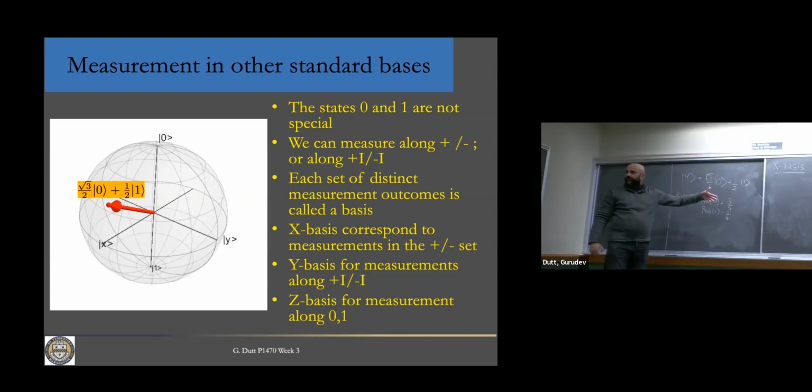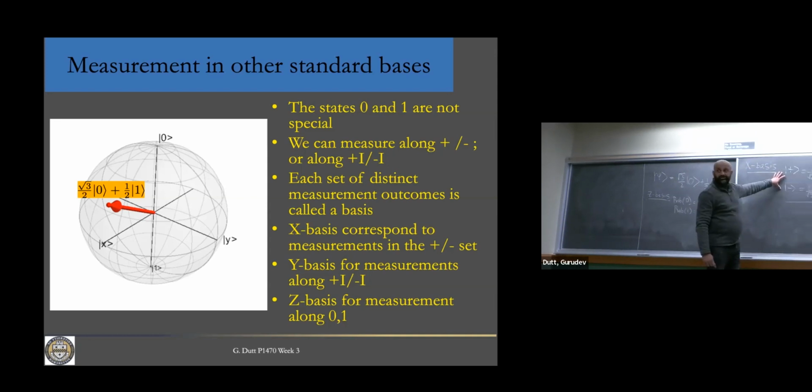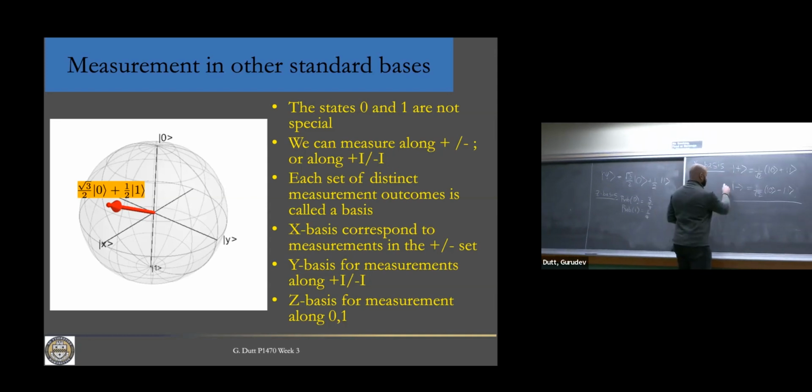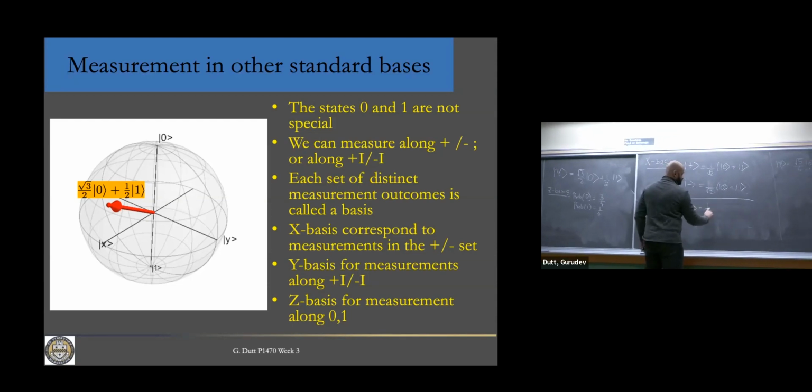We would just have to take the norm squared of the coefficient in front of that plus and minus state, right? Okay, so to do that, you see it right away from looking at this: if I add these two states together, adding ket plus and ket minus, the ket 1 goes away, and I'm left with 2 over square root of 2, which is just square root of 2 times ket 0.